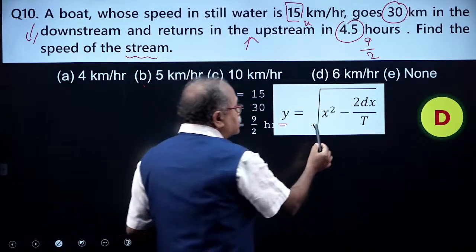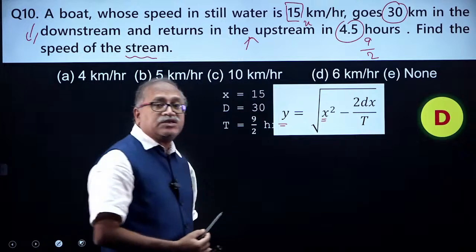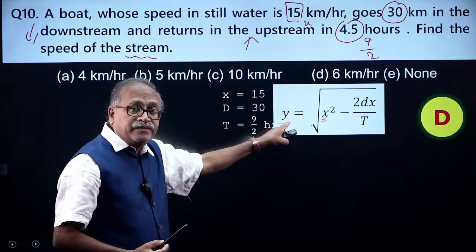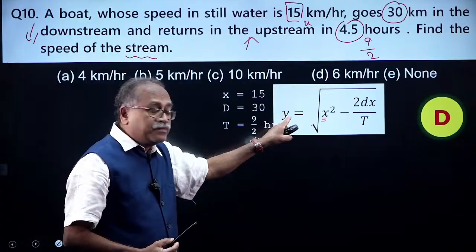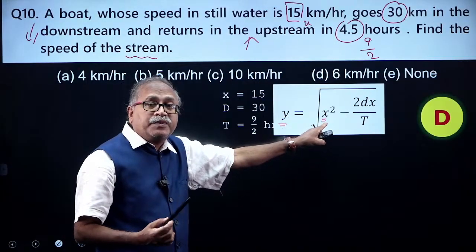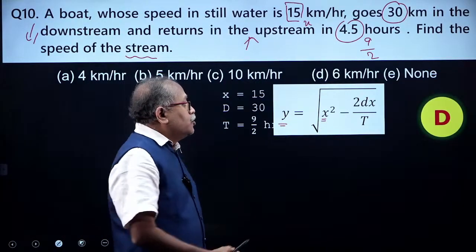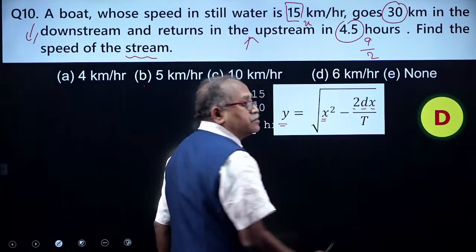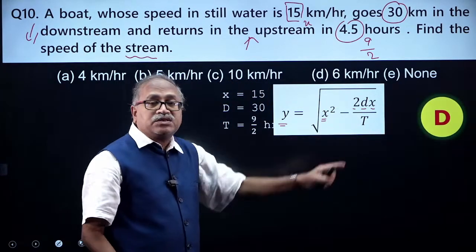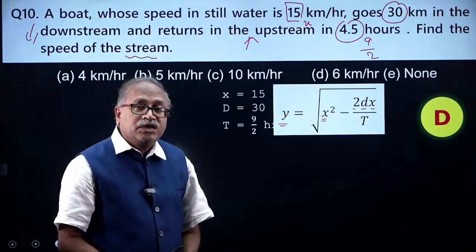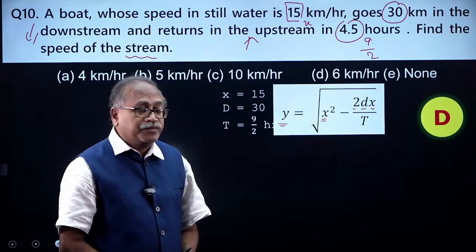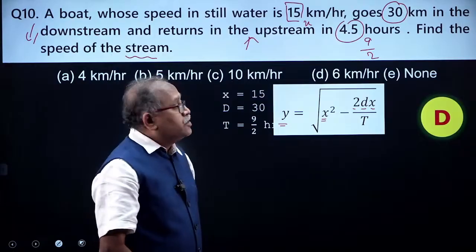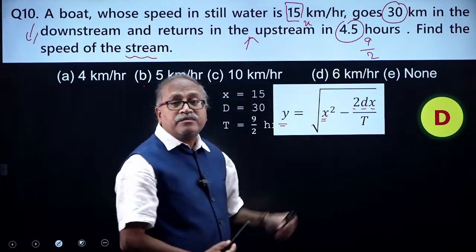Now here x square, minus 2 times of d into x, where d is distance and x is the speed of boat, divided by the total time taken.